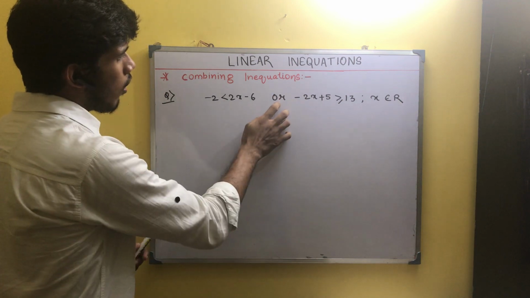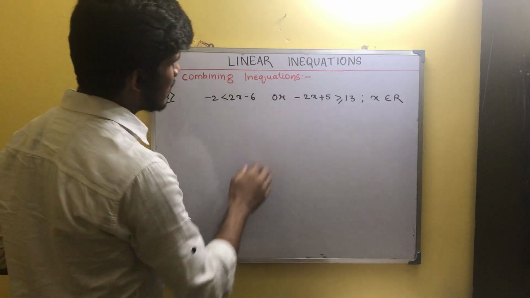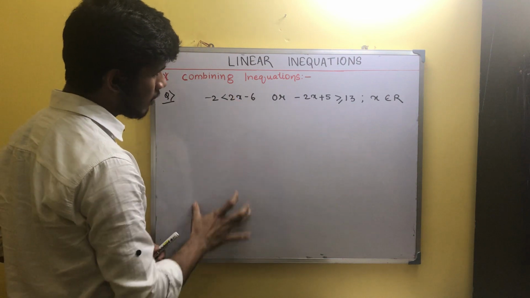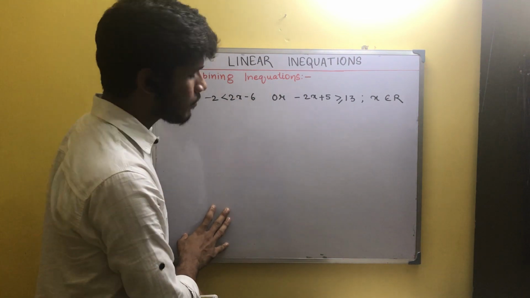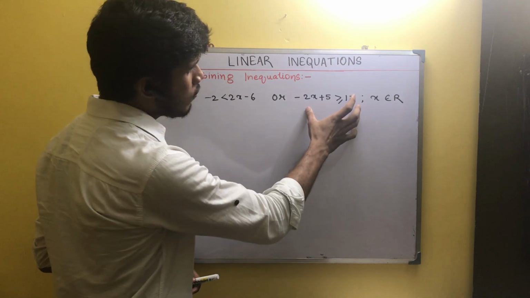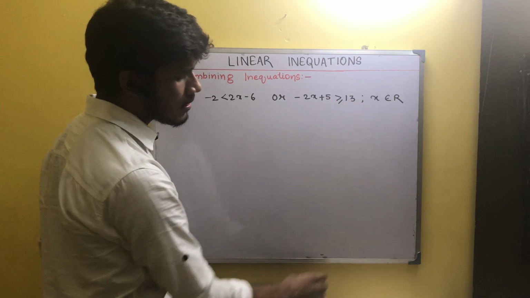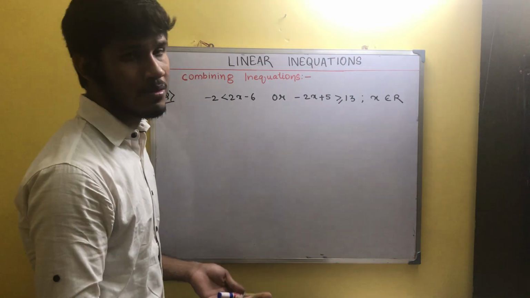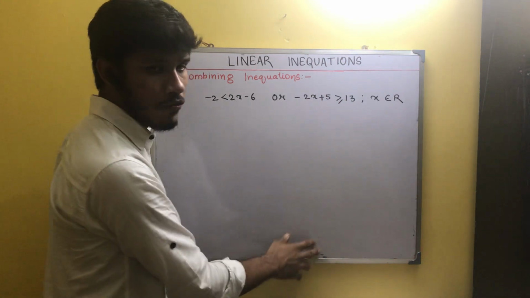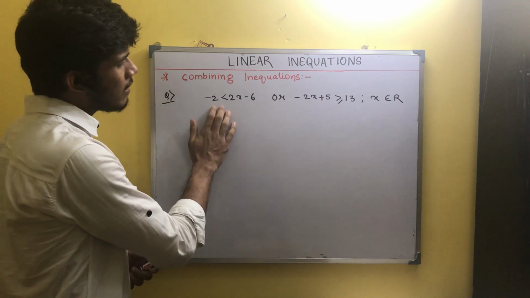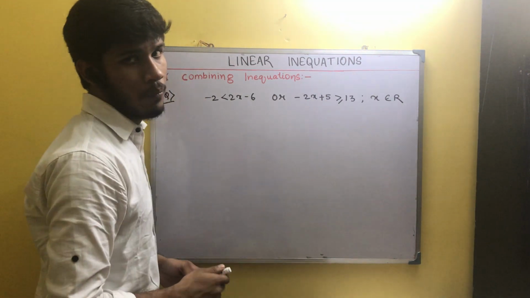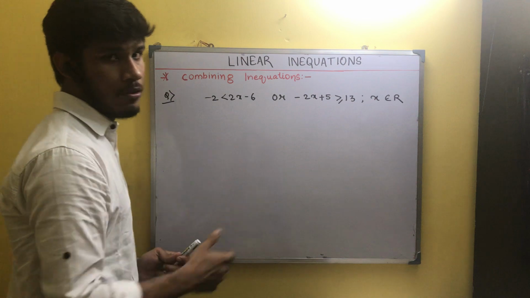Now what does this "or" mean here? This "or" actually means that when you solve this part of the question, you will get certain values of x. And when you solve the other part, you will get some other values, or maybe similar values, of x. Here it is said "or", so either this or this should be true, or both can be true.